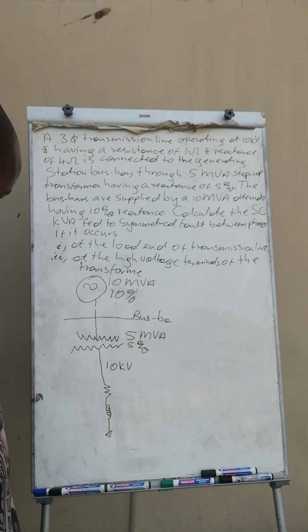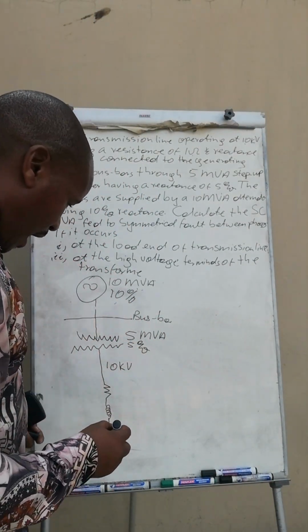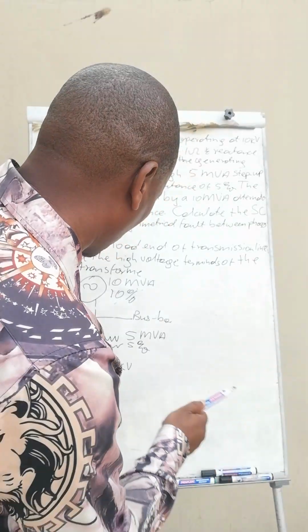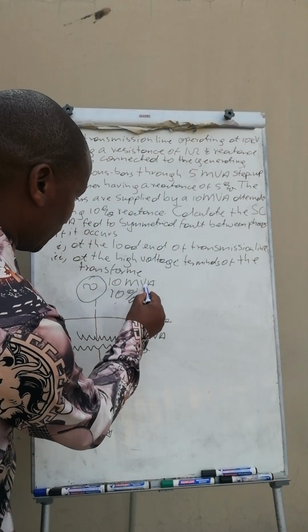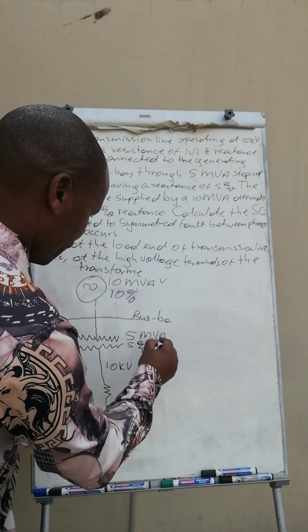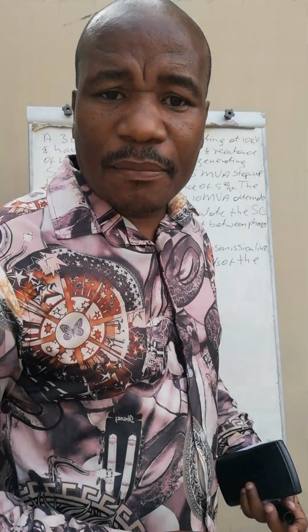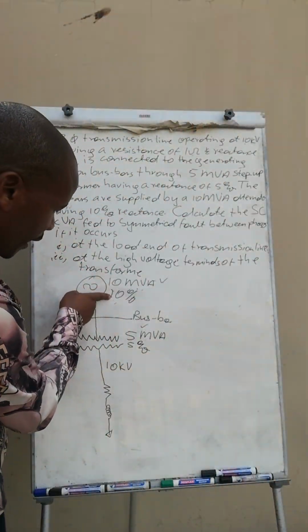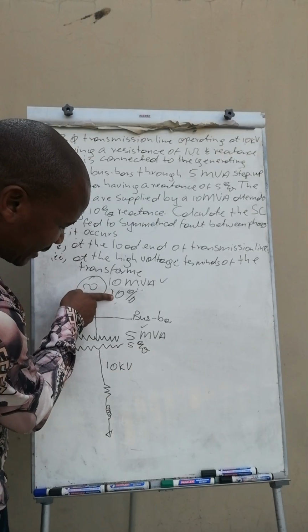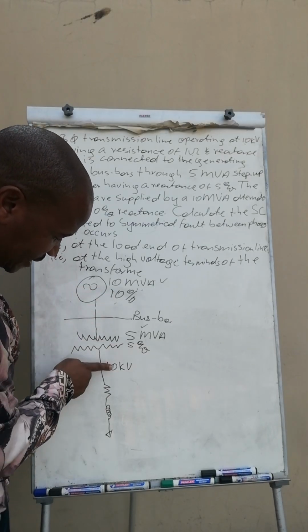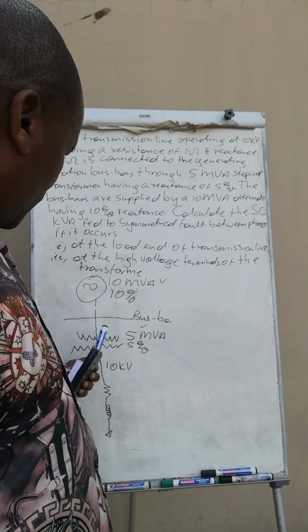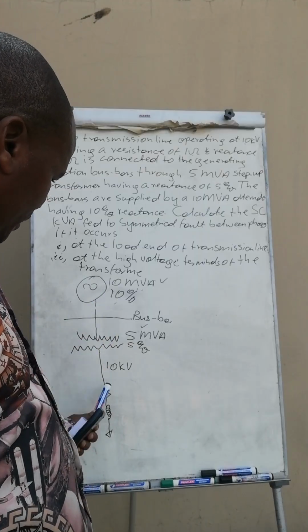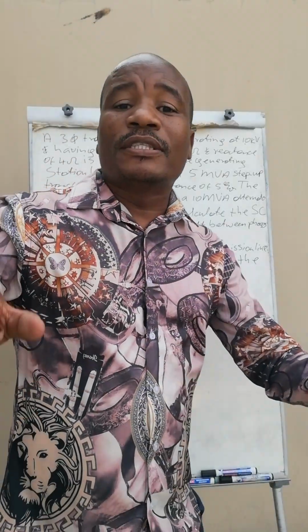Right. Now, very, very important. Now that we've got different MVA ratings in the power system, we have to convert the percentage reactance found in this power system to the same base MVA.